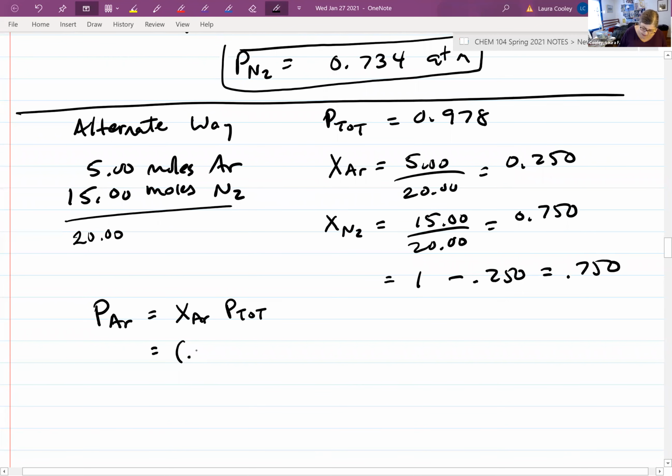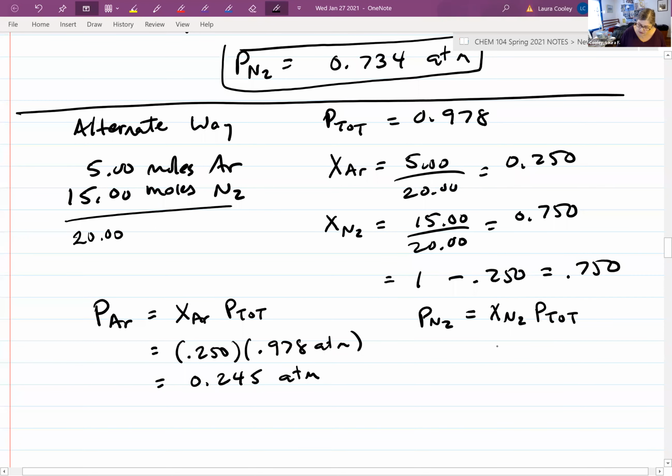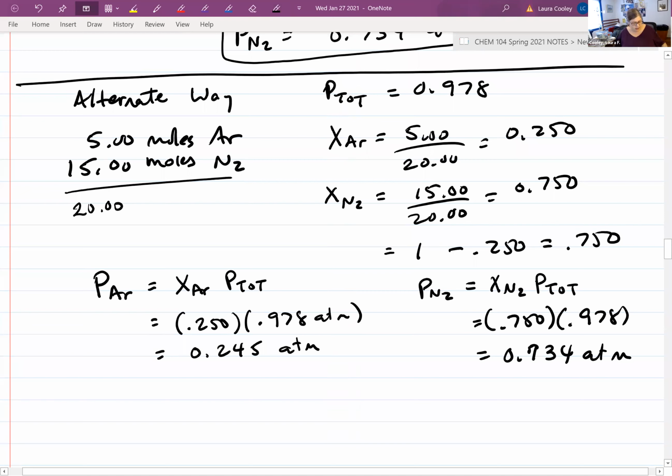That's 0.250 times 0.978 atmospheres, which gives me precisely the same answer, 0.245. And the pressure of nitrogen is xN2 times P total, or 0.750 times 0.978, which of course gives me the same answer, or it should. So that brings up an easier way to do some of these calculations.